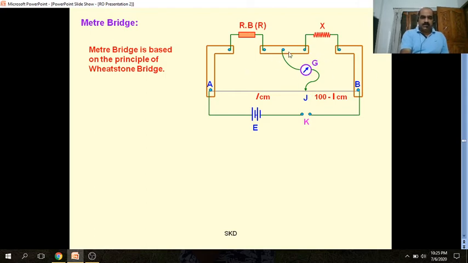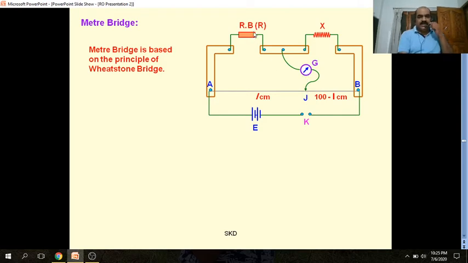So what we will do is, first we apply any known resistance from the resistance box, and then we slide the jockey over the wire, and we determine the length for which the galvanometer shows null deflection.